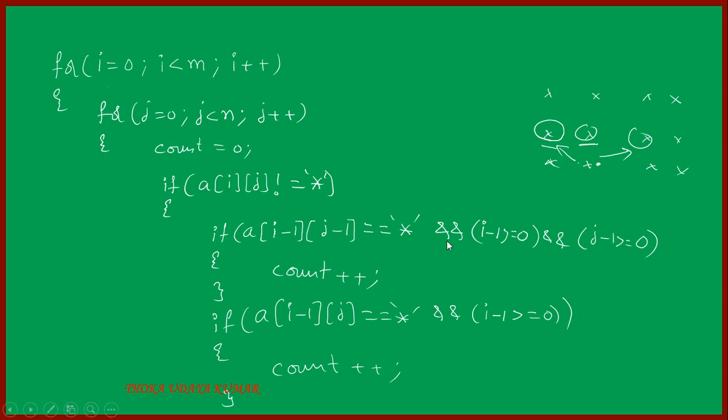Now do it for this. So j is incremented and i is decremented: 1 less than the row and 1 greater than the existing column. So if A of i minus 1 and j plus 1 I am verifying is equal to star, and i minus 1 is greater than or equal to 0, and j should not exceed n minus 1.